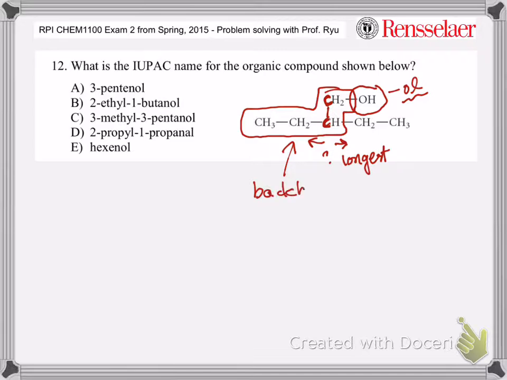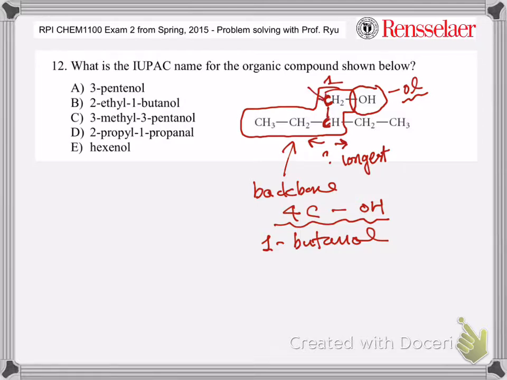The backbone you have is 4 carbons with an OH group. How do you call this? We call this butanol, and the alcohol is at the position of the first carbon, so this is 1-butanol.